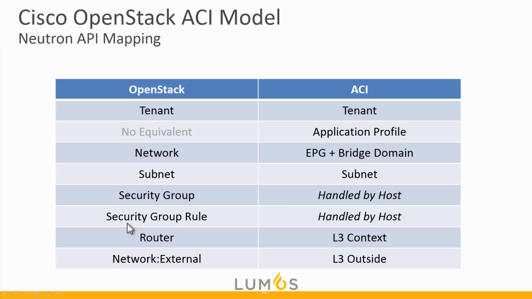Or really the hypervisor, I should say, not the Linux virtual machine, but the KVM hypervisor, also Linux. So the security group rule also would be handled by the hypervisor host. If we create a router in OpenStack, that's going to create an L3 context in ACI. If we create an external network in OpenStack, that's going to create an L3 out in ACI.